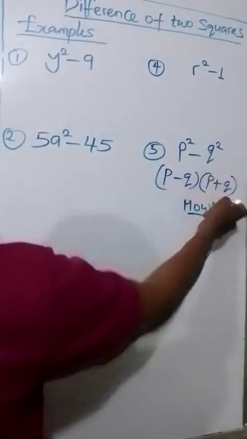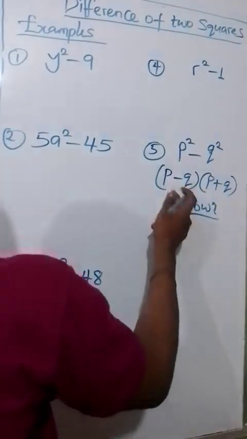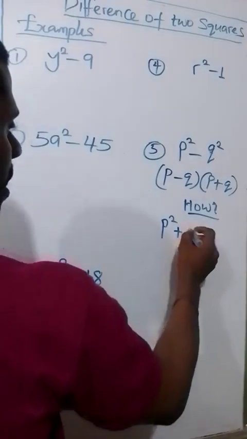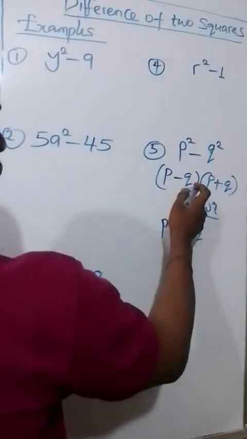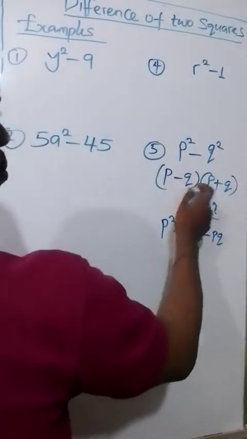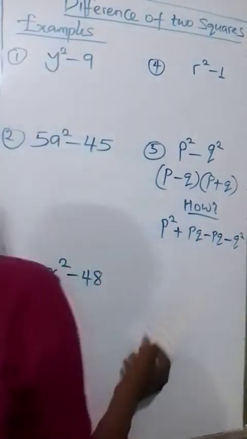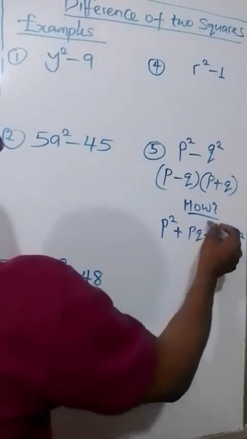So all right, let's multiply this. Let's open the bracket and see. P multiplied by p is p squared. P multiplied by q, that's pq, minus q multiplied by p, minus pq, and minus q multiplied by plus q, that's minus q squared. So plus pq minus pq will cancel each other.